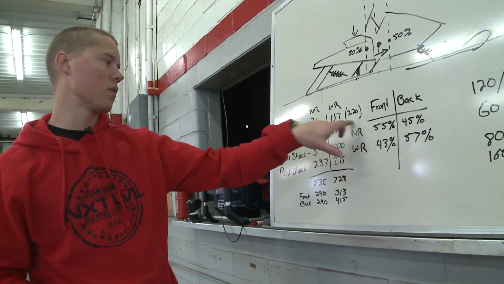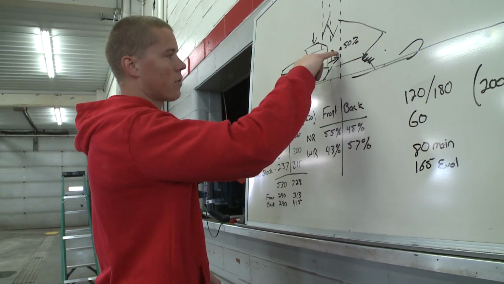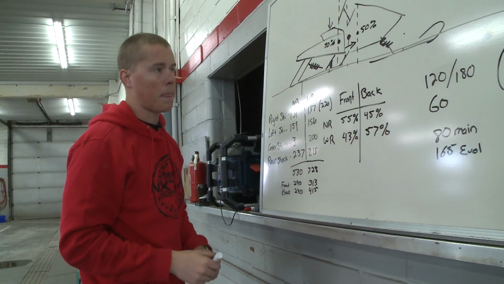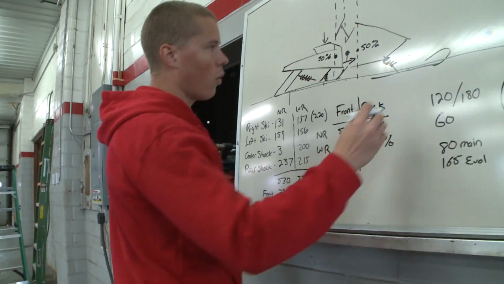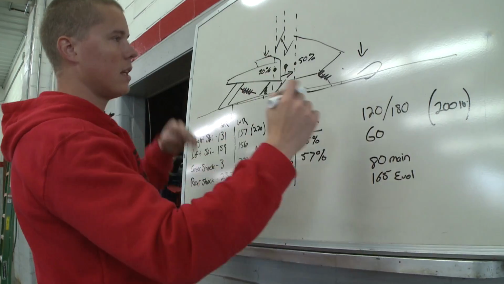How do we transfer that weight to the rear and move this center of transfer closer towards the center of gravity? The best way that we can do that is with ride heights. If you lower the ride height of your front suspension, it's like a teeter-totter.